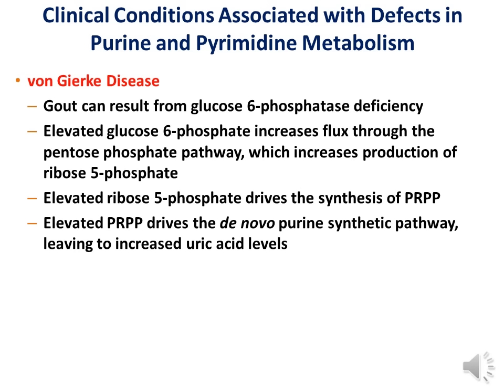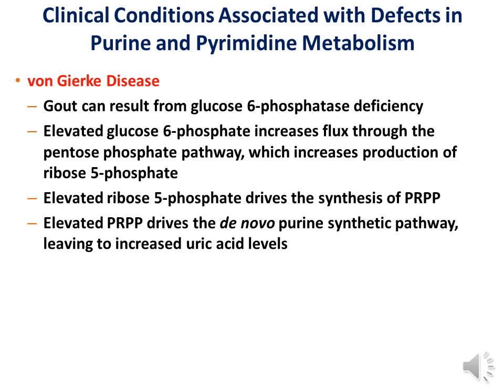And just when you thought we were done talking about the disorders of glycogen metabolism, we have to talk about von Gierke disease again. Gout can result from von Gierke disease, which is a deficiency in glucose 6-phosphatase. The elevated glucose 6-phosphate levels increase flux through the pentose phosphate pathway, which increases production of ribose 5-phosphate.